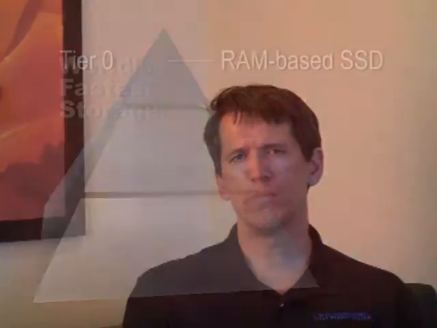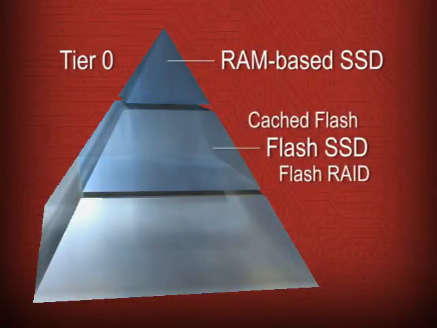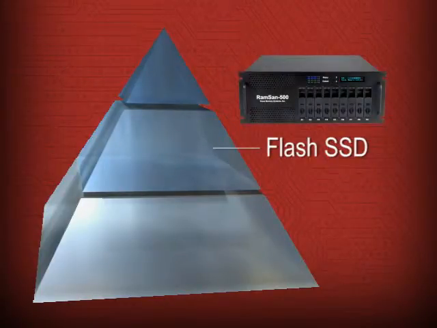Right under that, and I tend to jokingly refer to it as tier half, would be flash-based solid-state disks, and these systems can be cached flash or not cached. Today, a good example of that tier would be our RAM-SAN 500 system. Now, below this, you'll find that there are many flash vendors offering hard disk drive flash products, which are being incorporated into enterprise RAID enclosures.